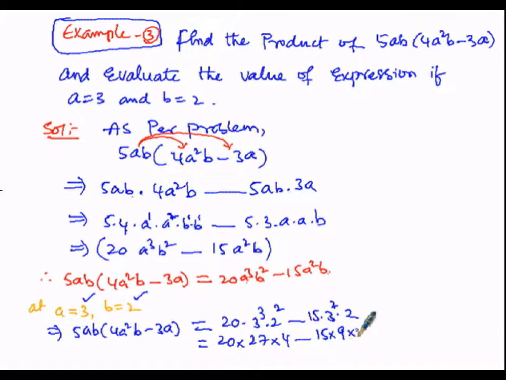Then by multiplying, 20 into 27 into 4 we get 2160, minus 15 into 9 into 2 is 270.